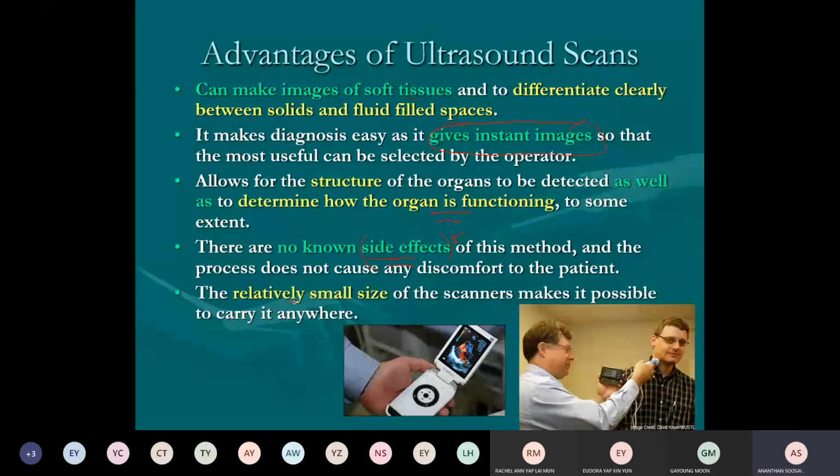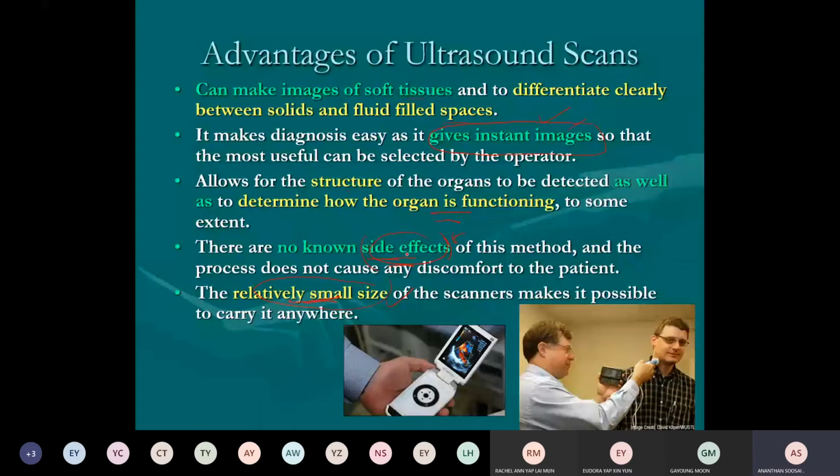And the third one is relatively small size. It's compact. You can carry the machine into the ambulance to get the ultrasound. So these are the three advantages: instant image, no side effect, relatively small so portable. X-ray is not an instant image.